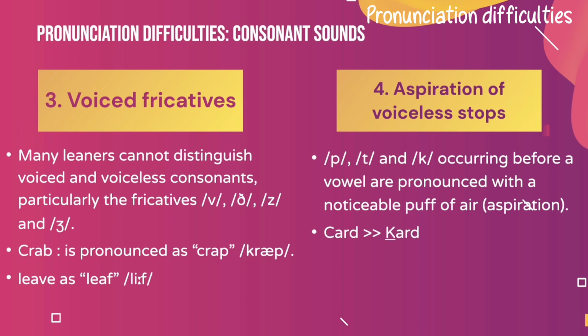So the word card, C-A-R-D, which should be a k sound with aspiration, we pronounce without any aspiration, to be gard, or another famous word in Thai, pay, the p sound. Sometimes you can hear many people pronounce it as bay. So this is the difference, the pronunciation difficulties that can be found in EFL and ESL.